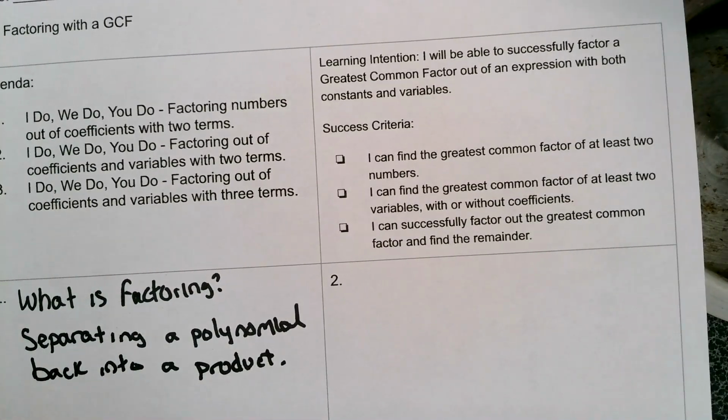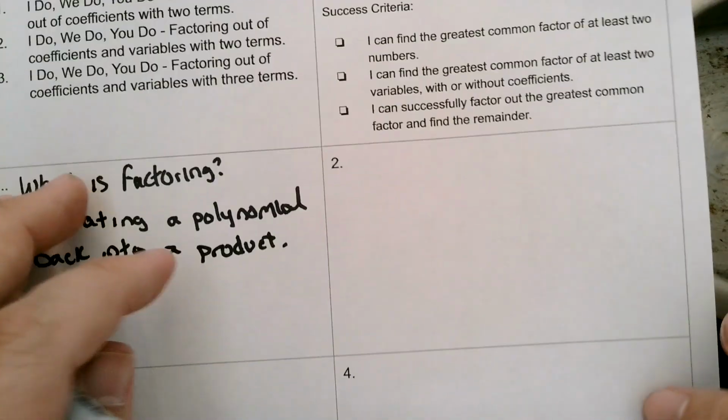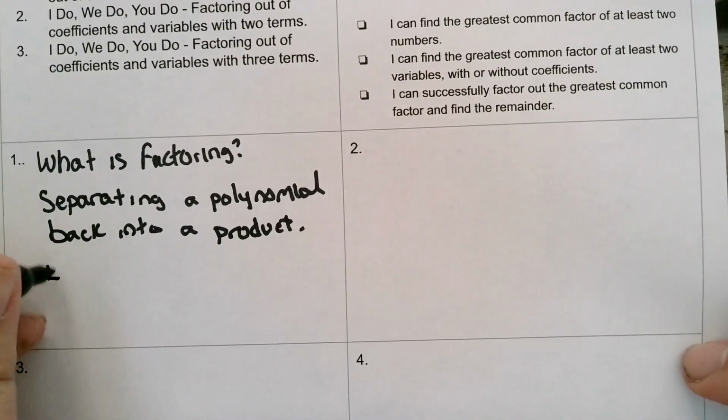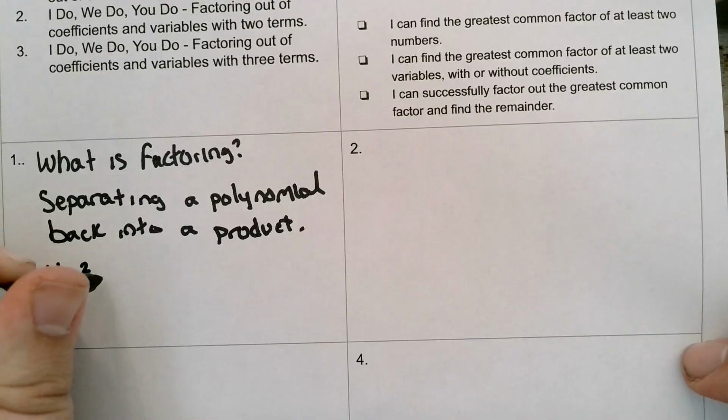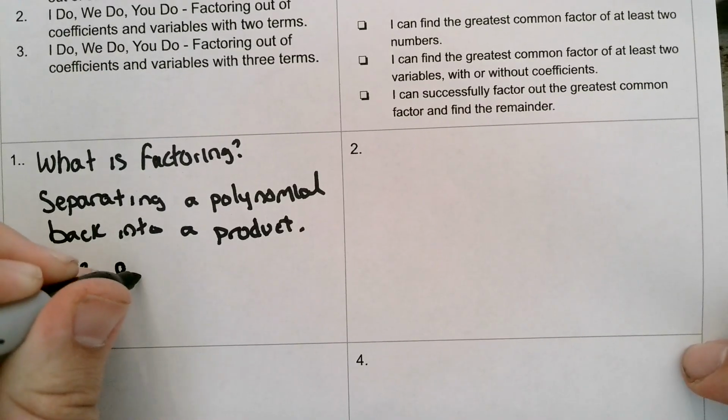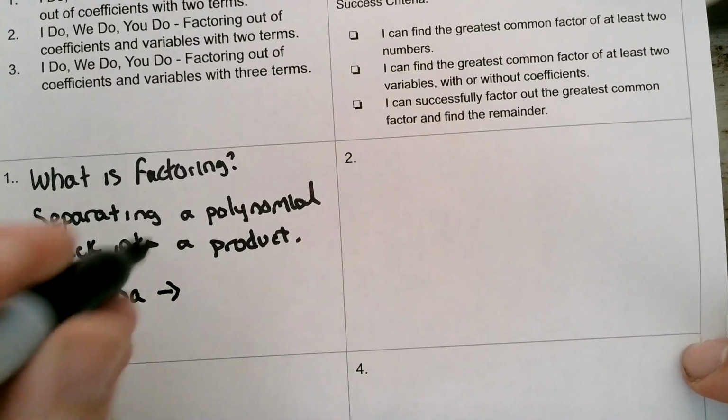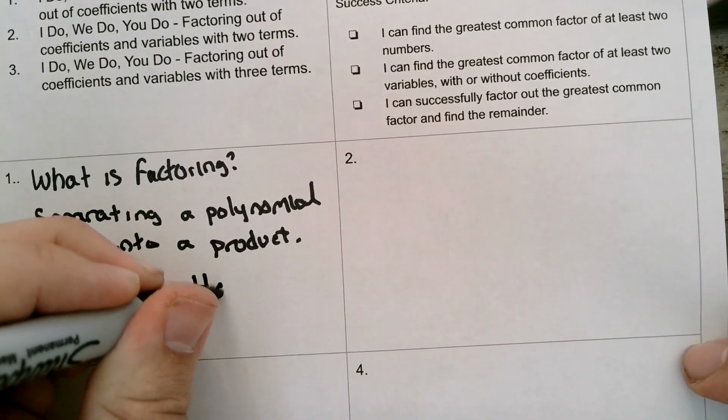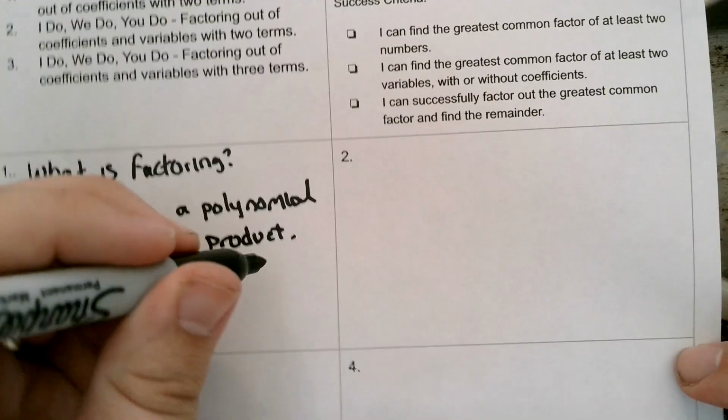So, for the example of this, we would have 4a squared plus 8a factored back into 4a times a plus 2.